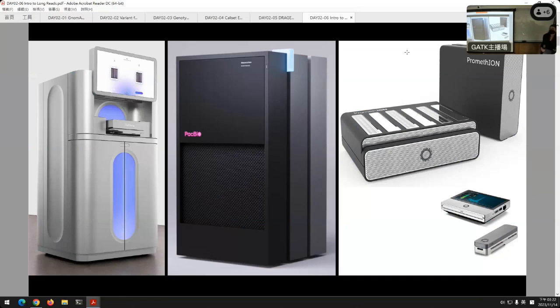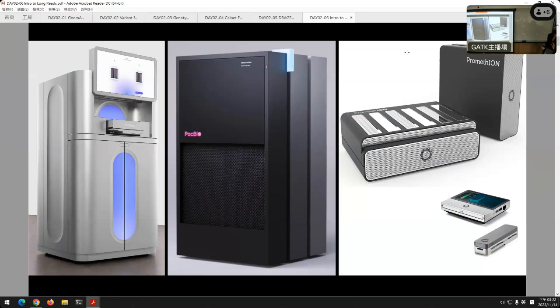There are two main long read technologies that we'll discuss. In the middle, there's a sequencer from Pacific Biosciences, or PacBio. And on the right, there are a couple of different sequencers from Oxford Nanopore, or ONT.